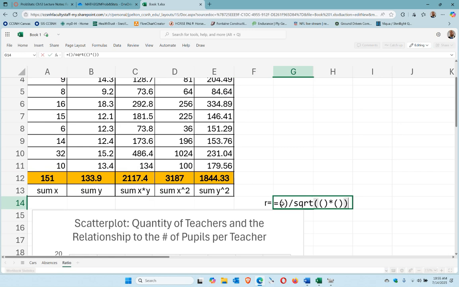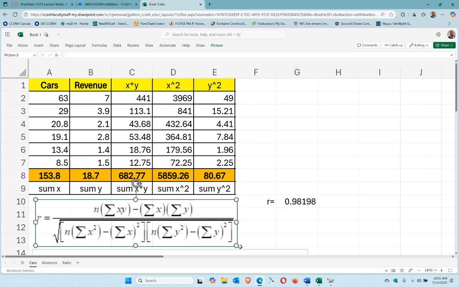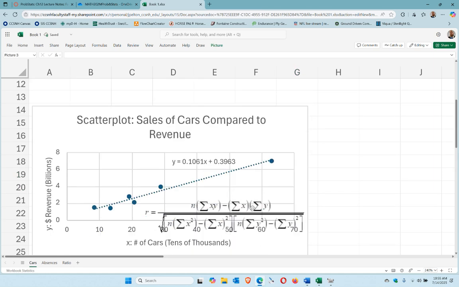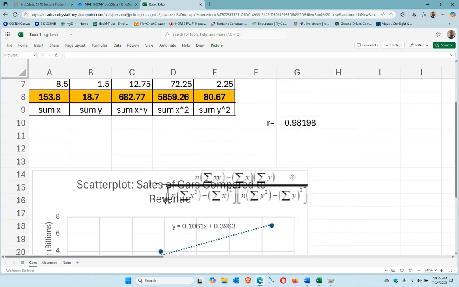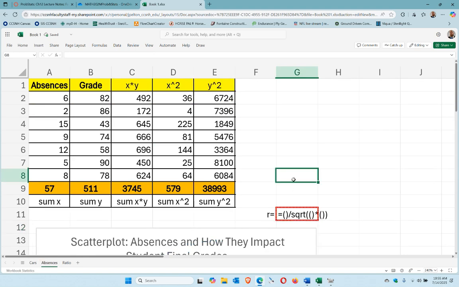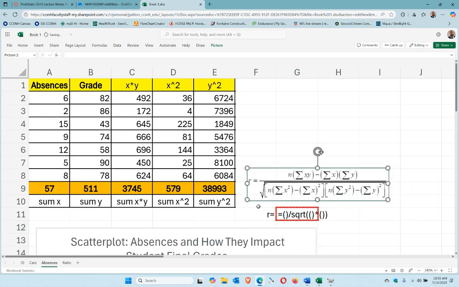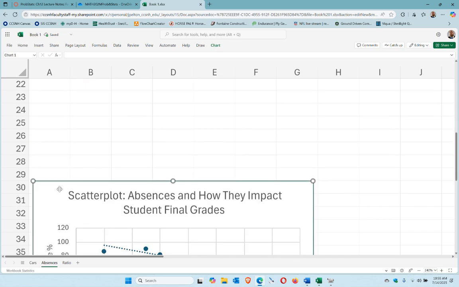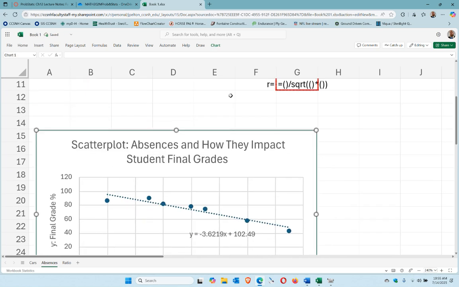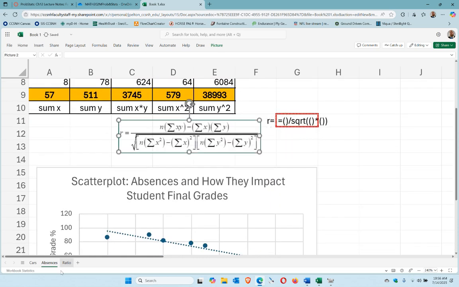Okay, and we'll copy the formula, and we can shrink that down too. There we go. In case you don't know it, there's the formula.